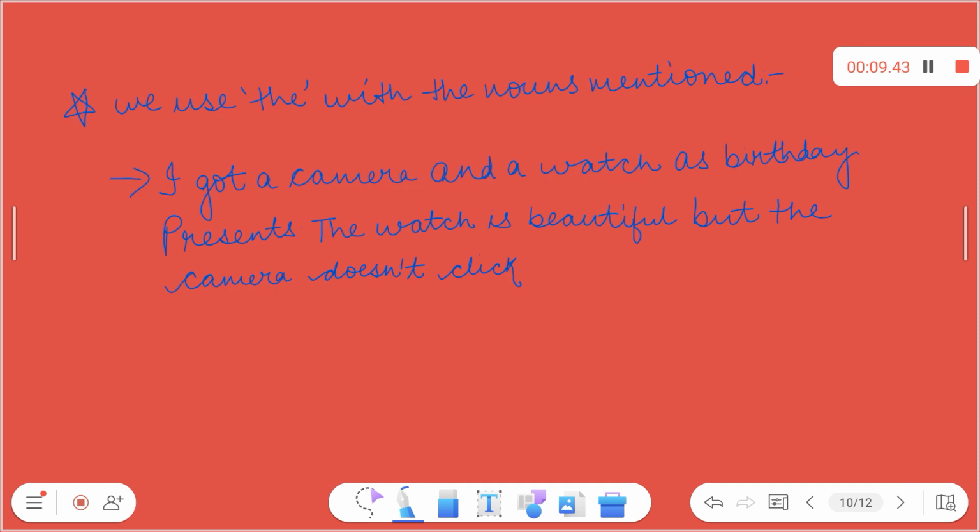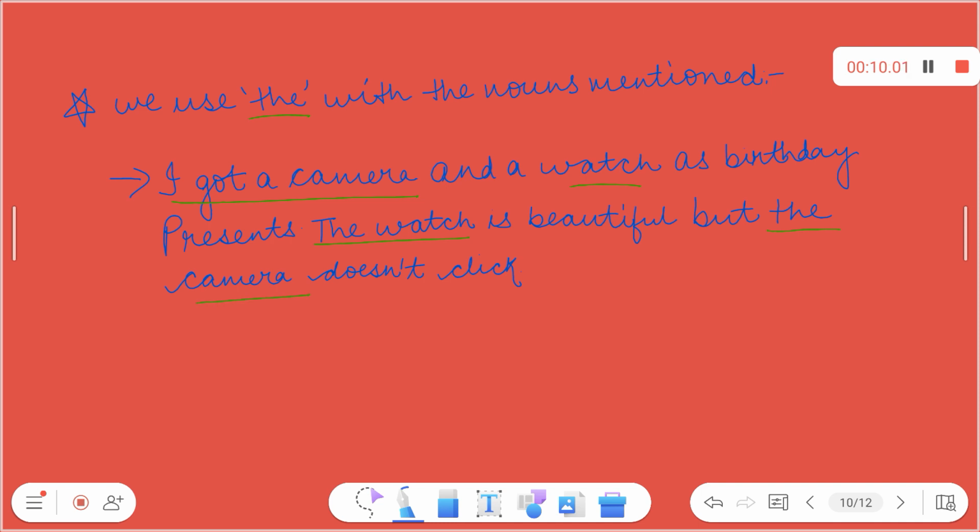Now comes our next usage of "the". We use "the" with the nouns mentioned. For example, if I say, I got a camera and a watch as birthday presents, now I'm telling the watch is beautiful, but the camera doesn't click.